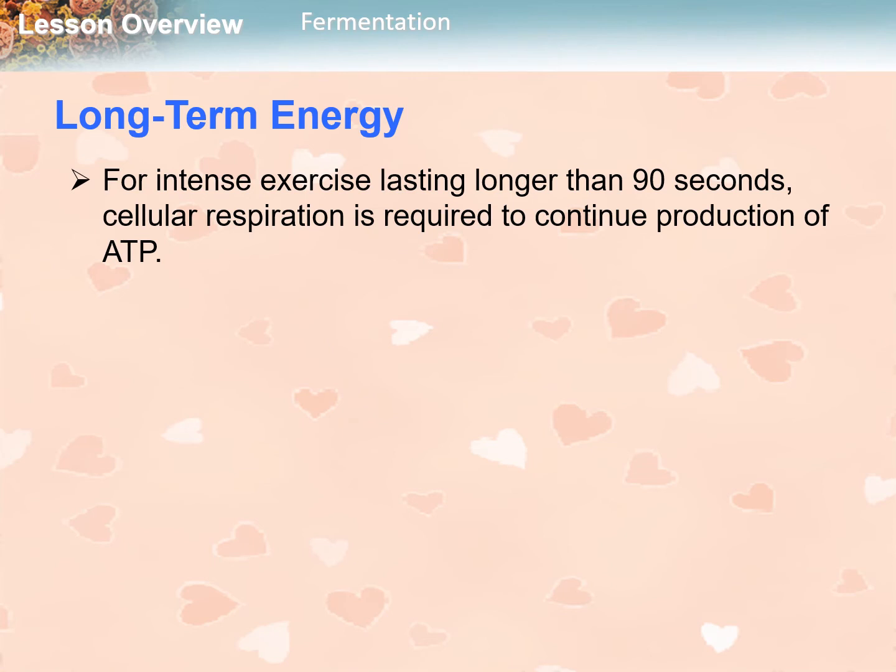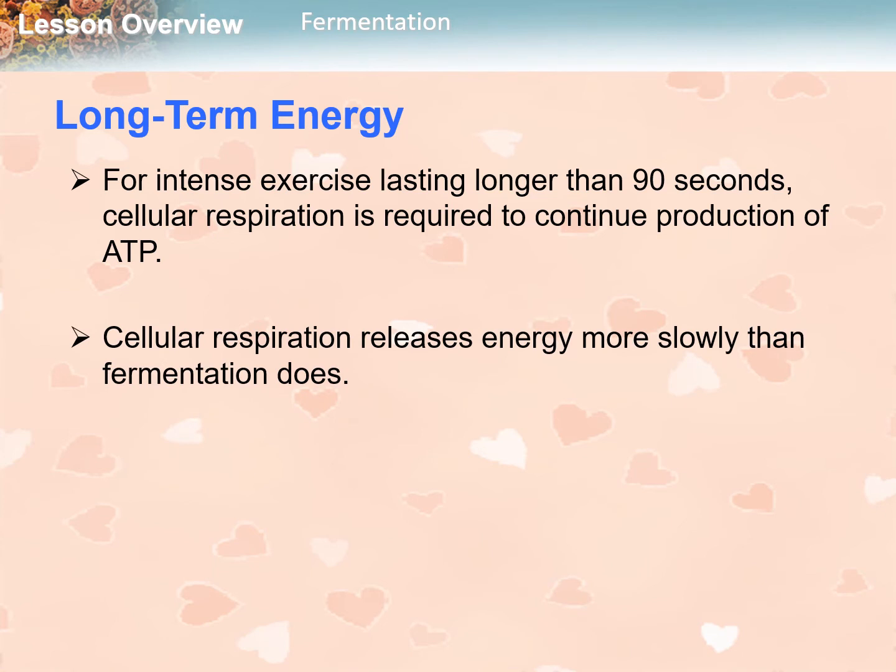For long-term energy, intense exercises lasting longer than 90 seconds, cellular respiration is required to continue production of ATP. Cellular respiration releases energy more slowly than fermentation does. Why is it so? Because again, in cellular respiration we require oxygen, but in fermentation we do not.